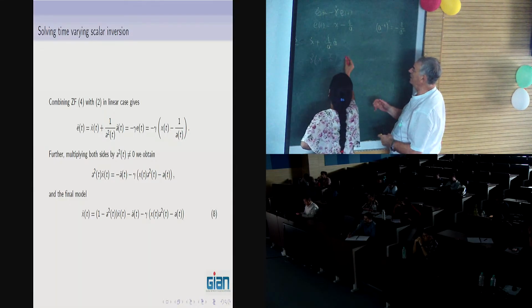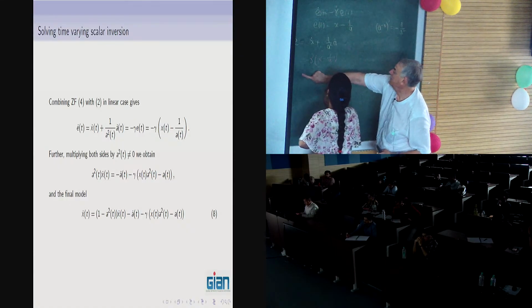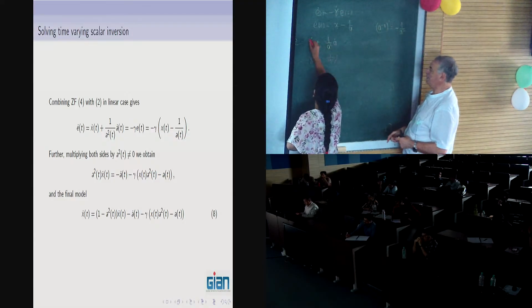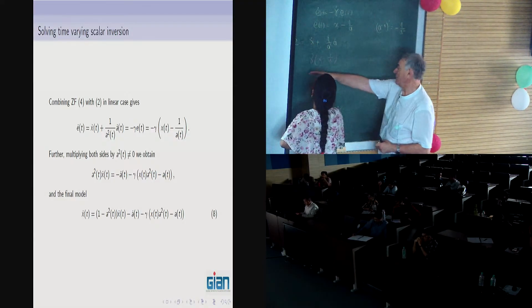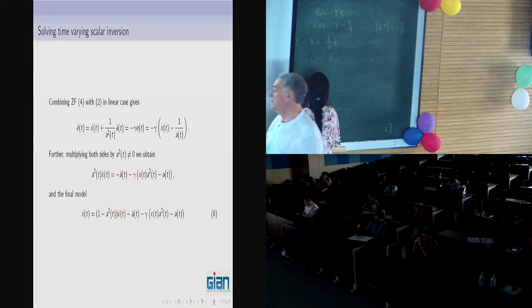Typically multiply by a square, left and right hand side. And we will obtain a square. This we will multiply now, but also the right hand side.